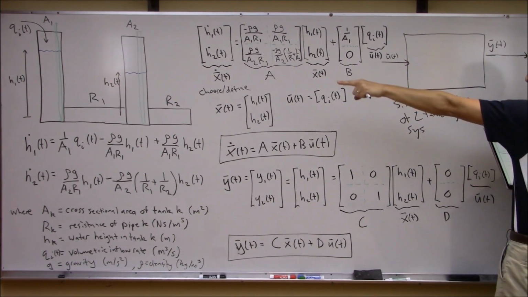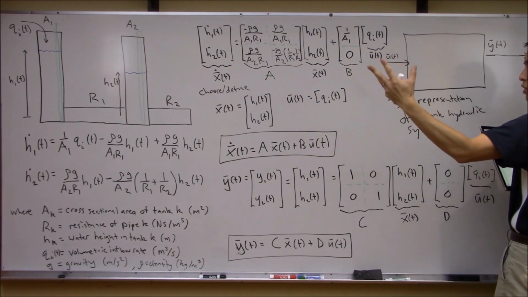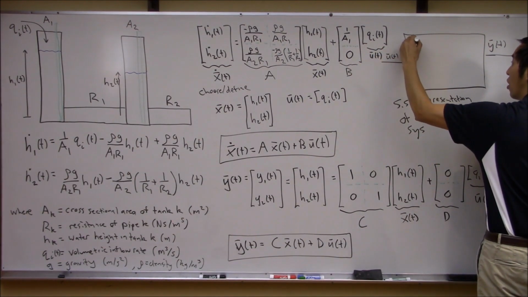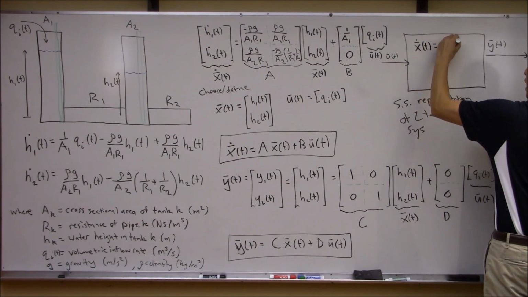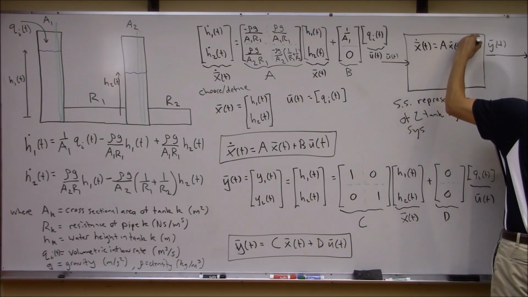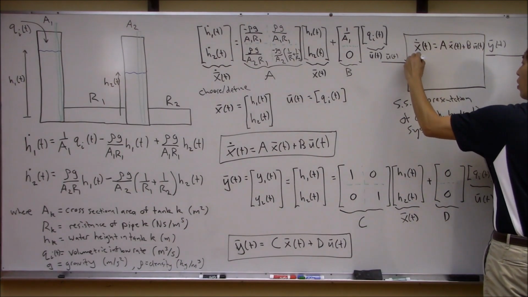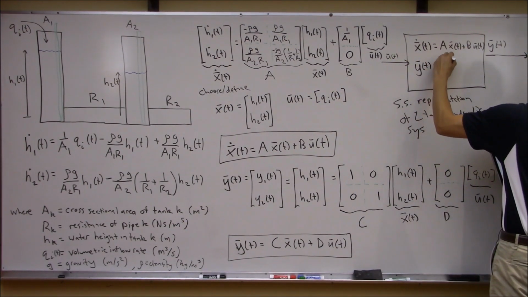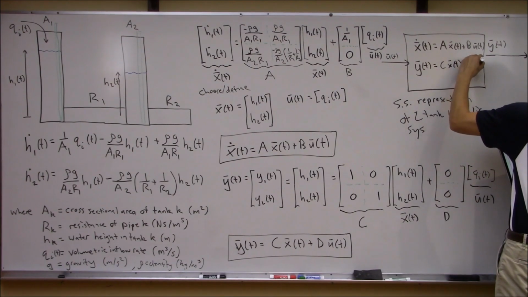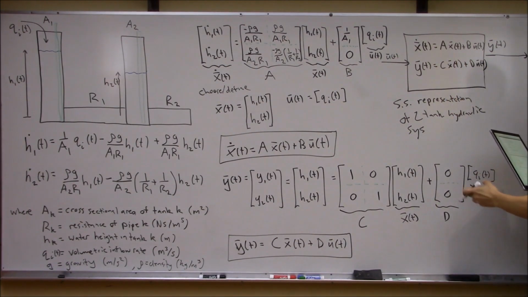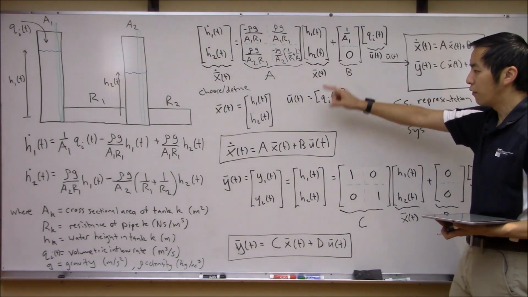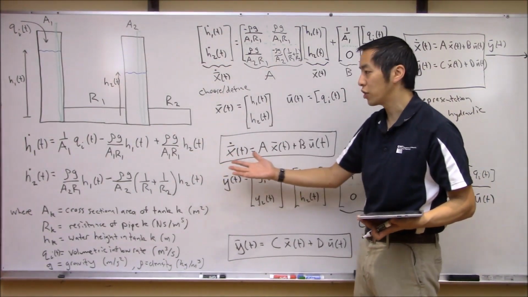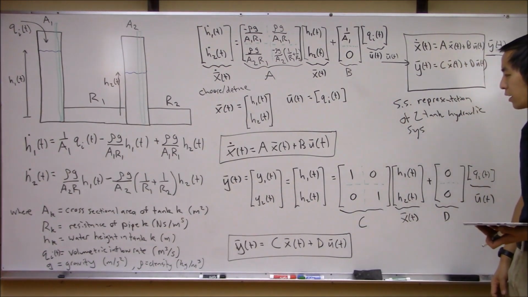The state space representation of this entire coupled two-tank hydraulic system is basically just our good old linear expression of x dot is equal to Ax of t plus Bu of t, and then the output y is equal to Cx of t plus Du of t. So this now is a matrix representation of these same two differential equations. It's just a nice compact format.